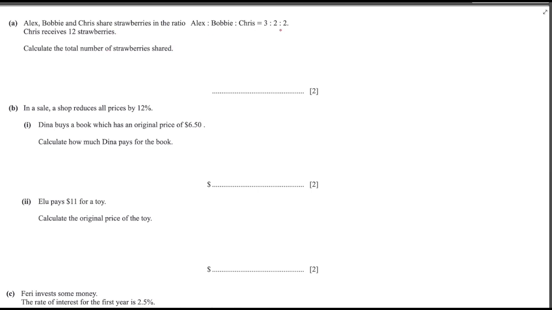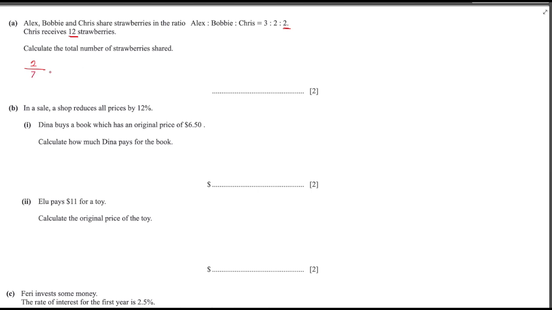Now let us consider the total number to be x. So this 12, which Chris received, can be found using the ratio: Chris's share is 2 out of 3 plus 2 plus 2, which is 7.